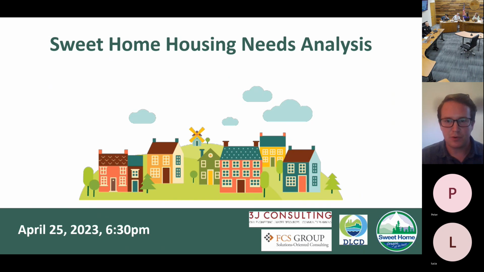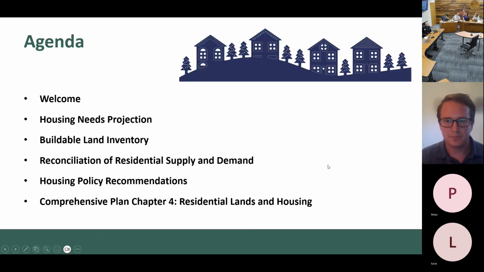So we'll just start with the PowerPoint here and dive into the agenda. We've got welcoming and giving you a sense for the purpose of this project. We'll review the housing needs projection, which will show you the demand that we project over the next 20 years. We'll review the buildable land inventory, which is an analysis of buildable land available for residential uses in the city.